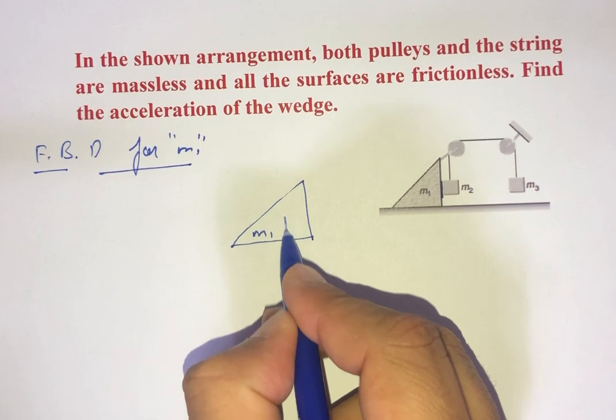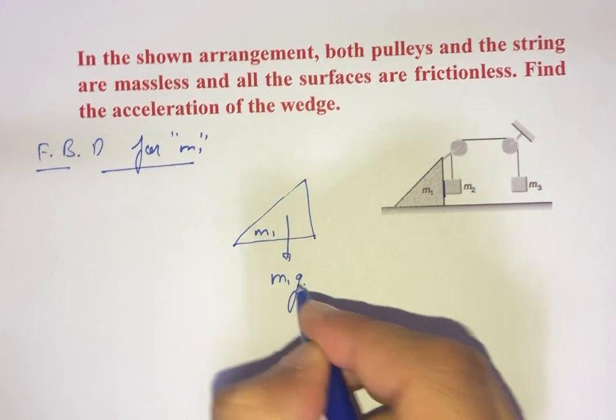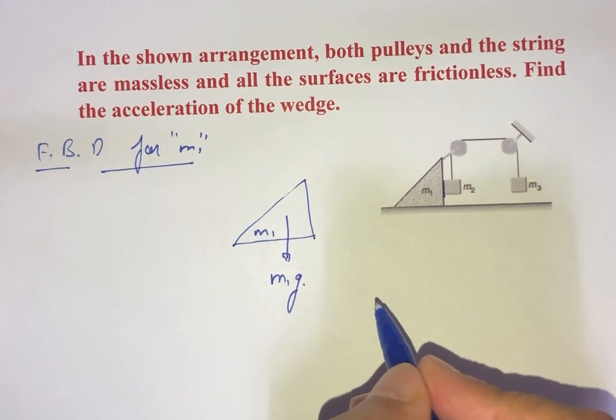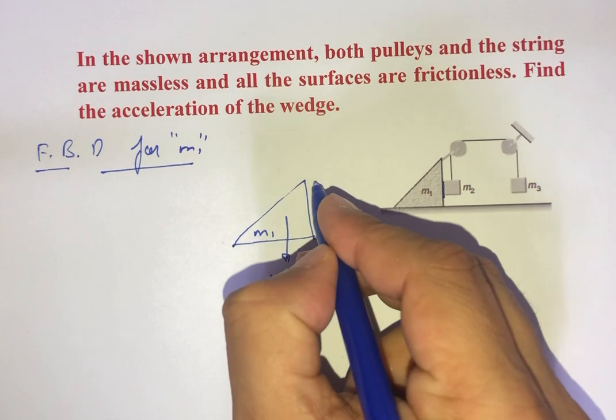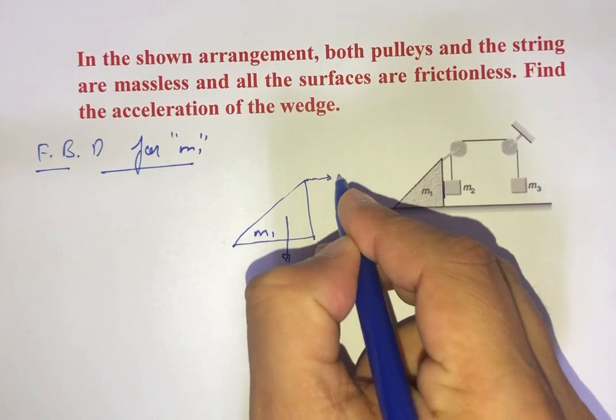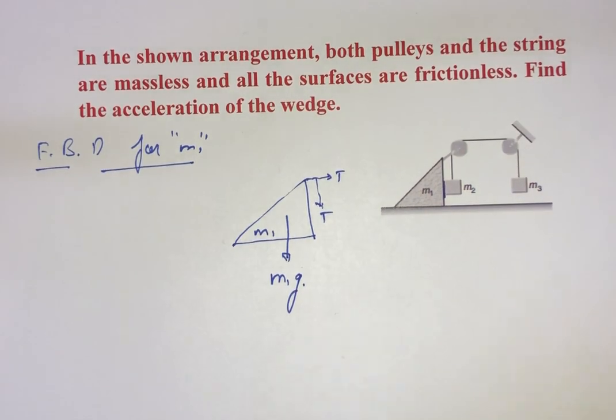So we are going to have m1g in the downward direction, okay, and we are going to have two tensions, one tension in this direction and another one in the downward direction.